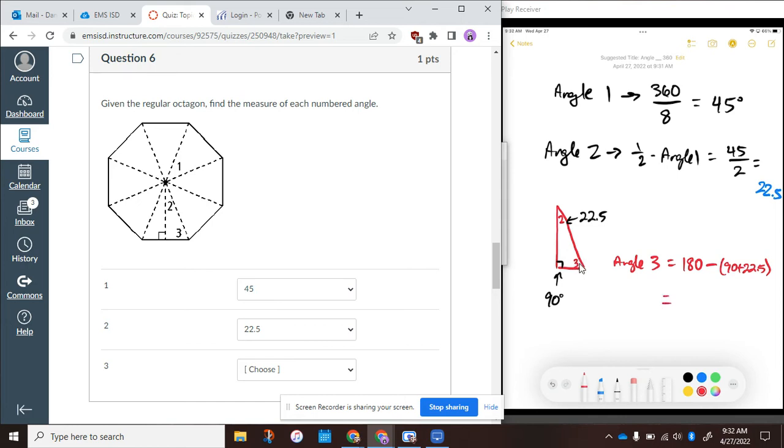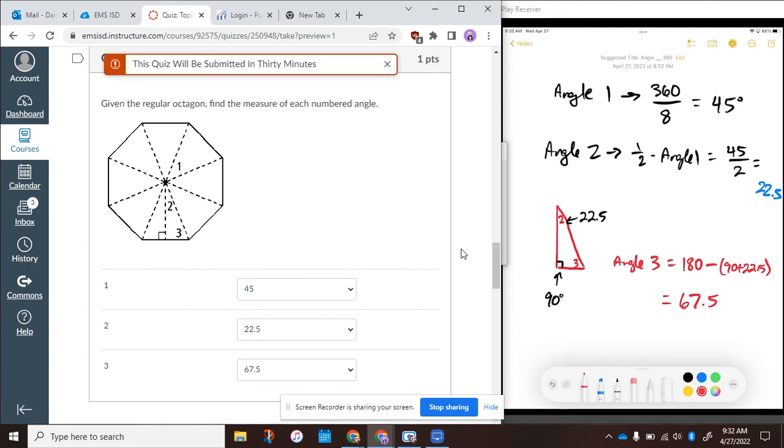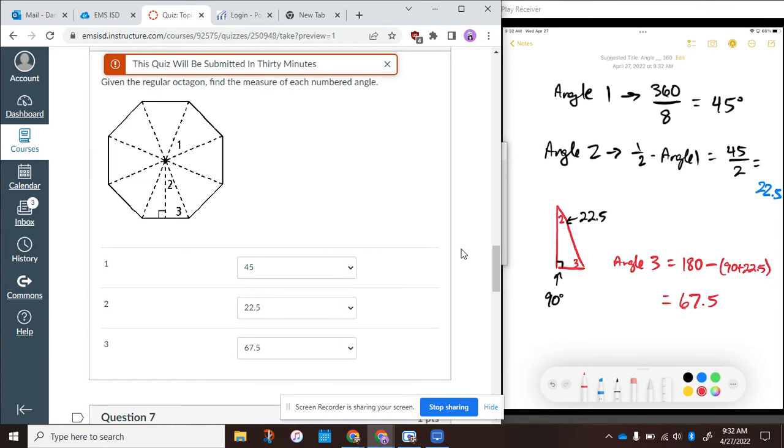So 180 minus those other two angles gives us a total of 67.5 degrees. If I'm remembering correctly, that is exactly what we got when we did this problem on the notes packet. Check that notes video and make sure I'm correct on that. But I believe it's going to be 45 degrees, 22.5 degrees, 67.5 degrees.